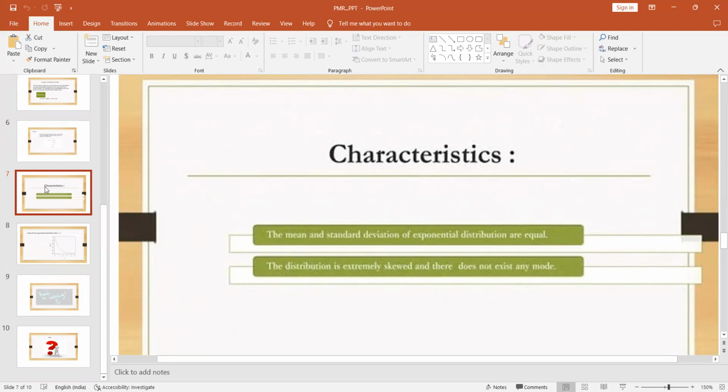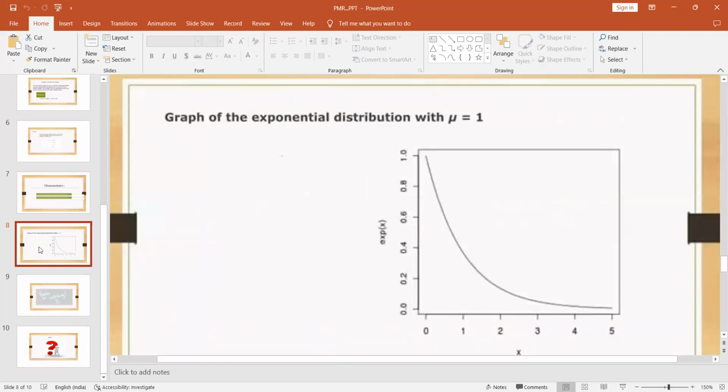Here is the graph when mu is equal to 1. This is the graph of the exponential distribution with mu equal to 1. You can see the graph here.